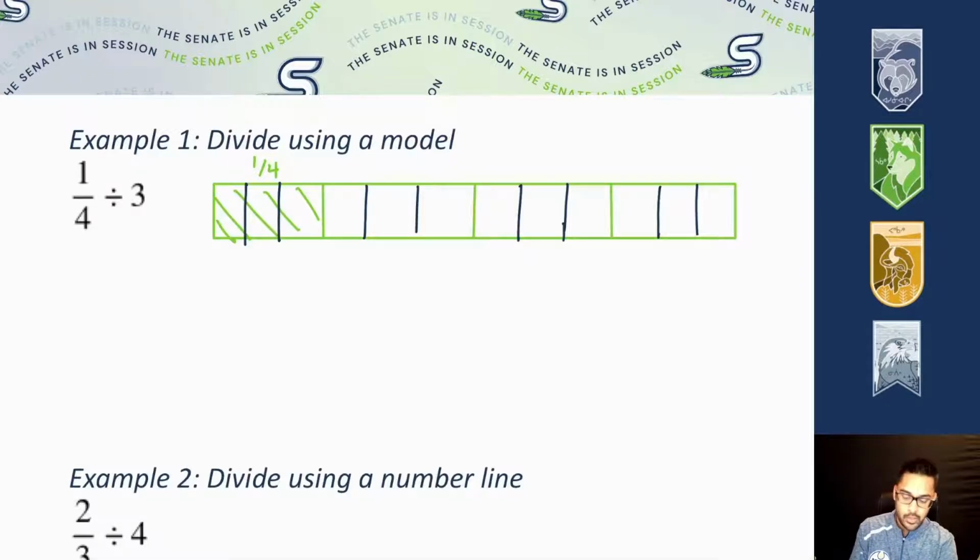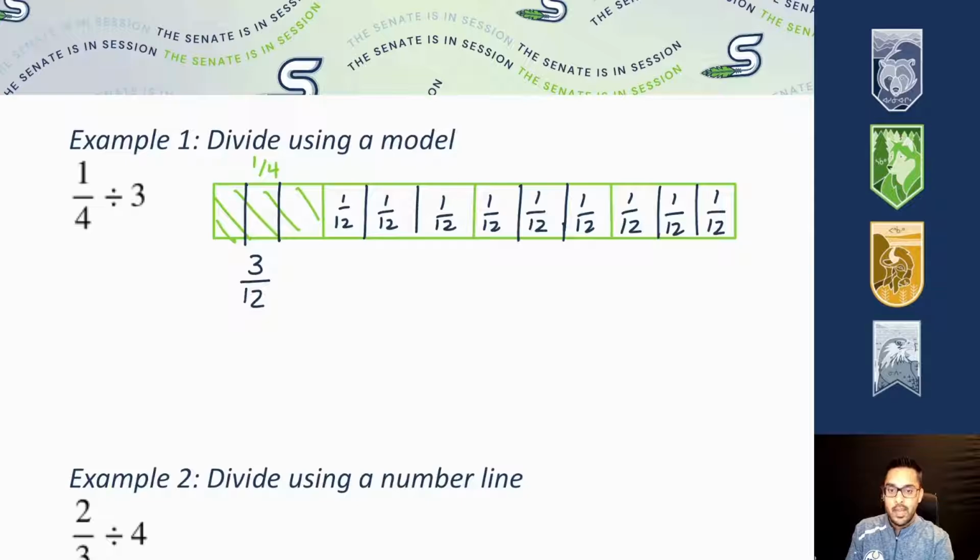So my 1/4 that I originally started with is the same thing as 3 out of 12, because all of those other additional pieces are each 1 out of those 12. If I had all of them added together, I would have a full fraction strip, 12 out of 12, in other words, 1 whole.